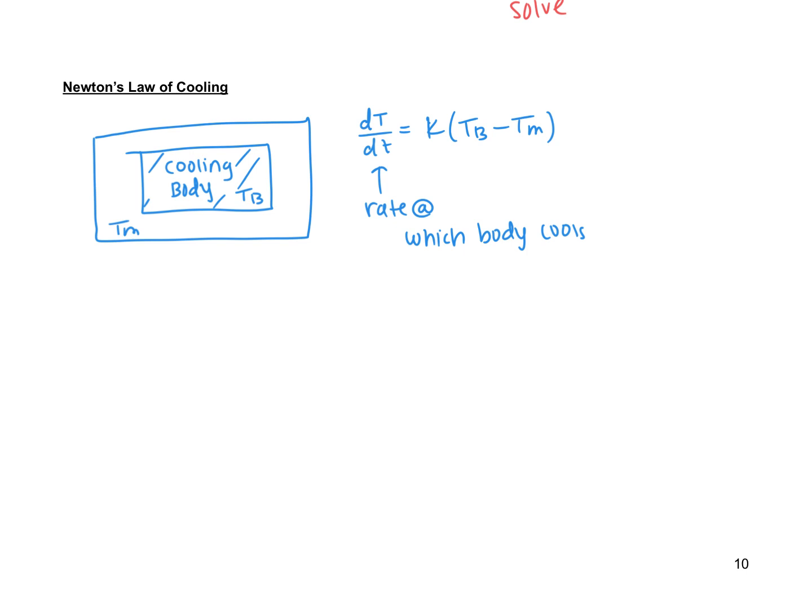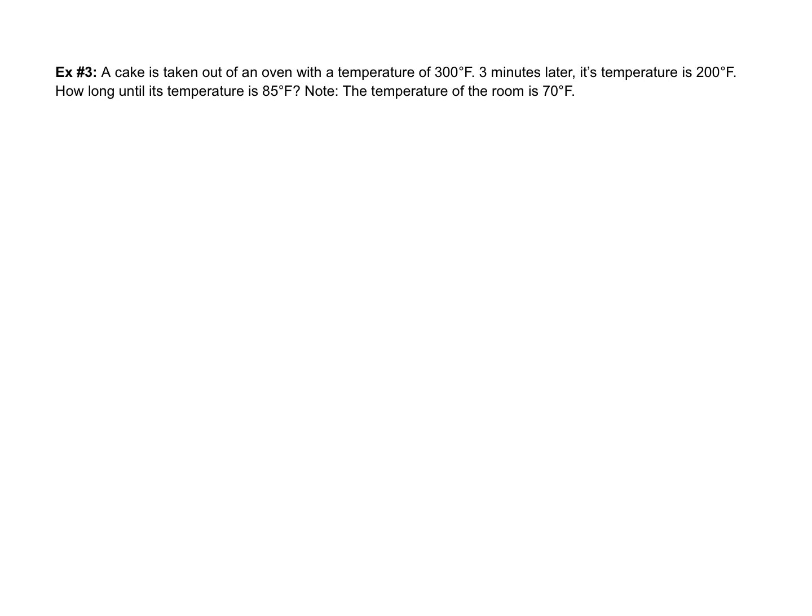So next thing we're going to do is, of course, an example with Newton's law of cooling. A cake is taken out of an oven with a temperature of 300 degrees Fahrenheit. 3 minutes later, its temperature is 200 degrees Fahrenheit. How long until its temperature is 85? And we're told that the temperature in the room is 70 degrees Fahrenheit. So let's start with an equation and the conditions we have.